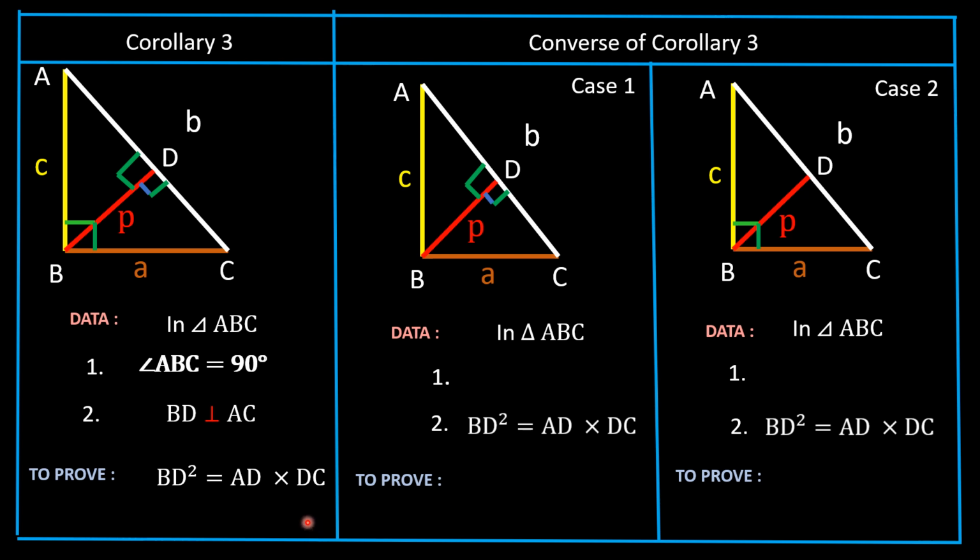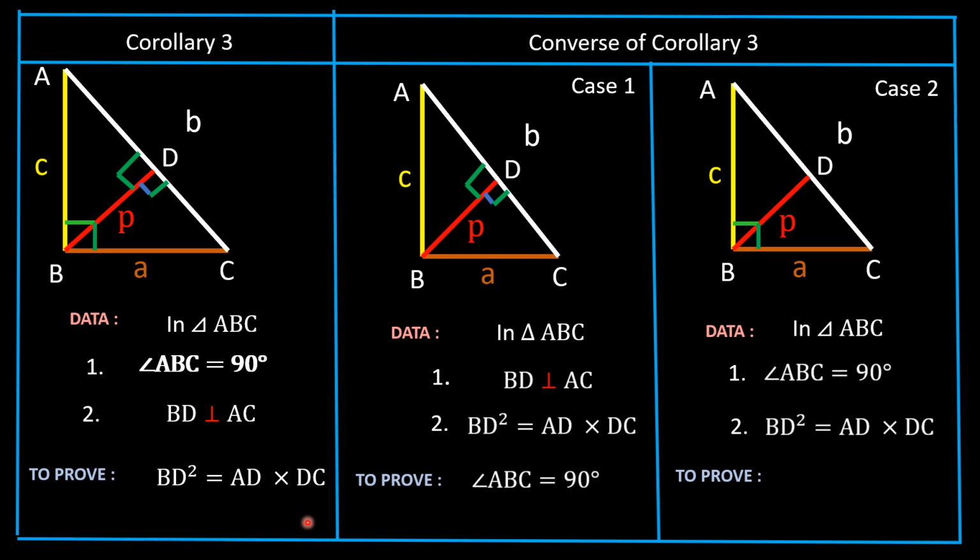Okay, that we will try now. Let us take the copy of BD perpendicular to AC and keep it here as condition number 1 for case 1, so that the condition angle ABC is 90 will become to prove now.